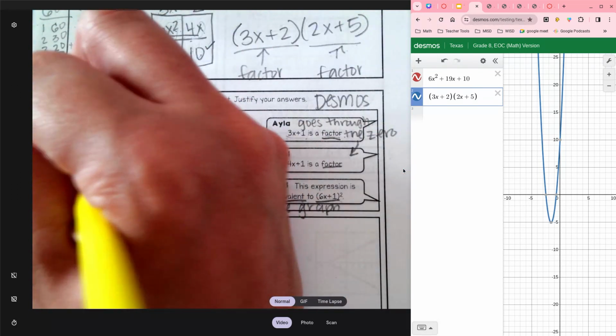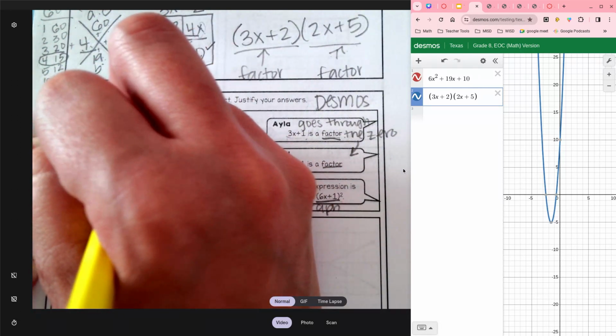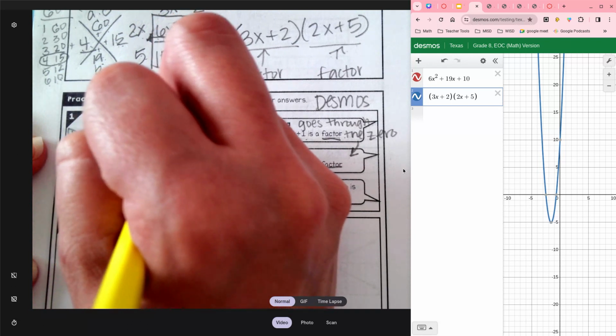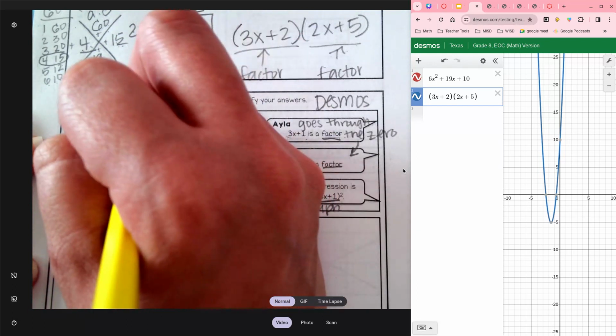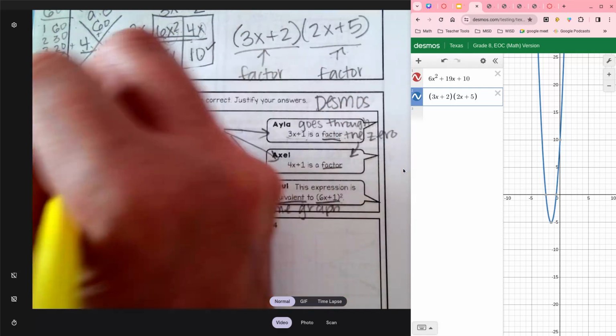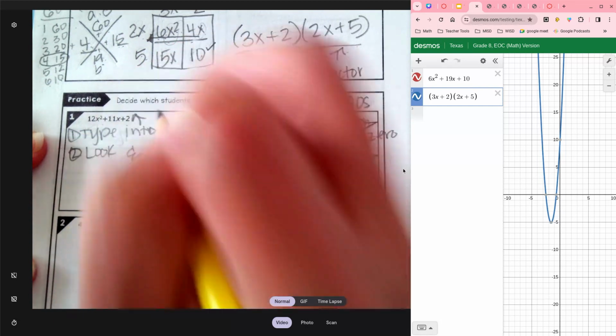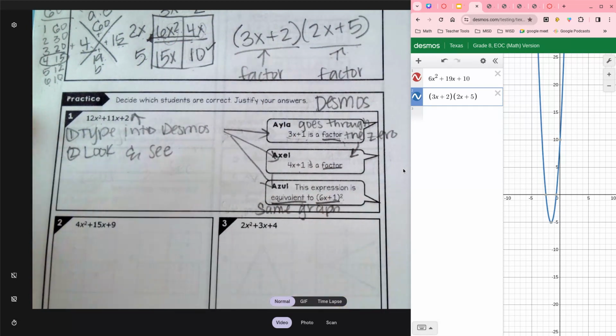So we're going to type my original equation into Desmos, and then each individual part. This ends up being a look and see in Desmos. Either my factor goes through the x-intercept, or it is equivalent.